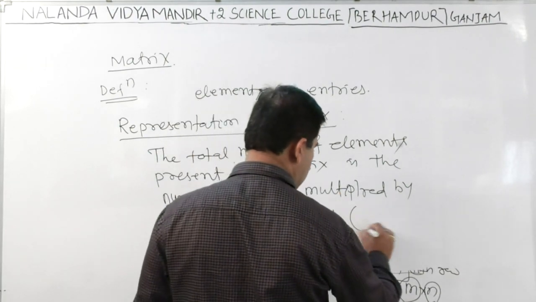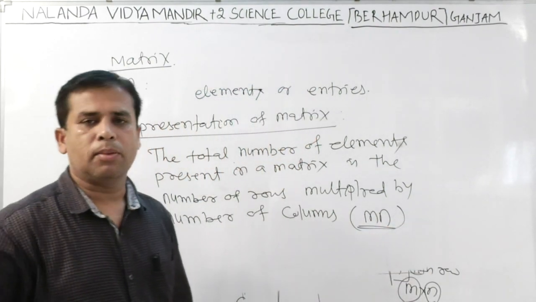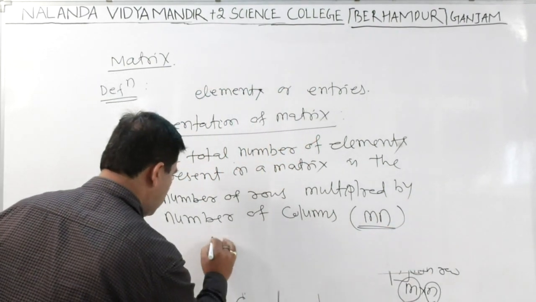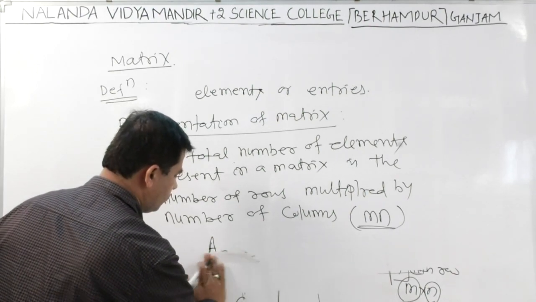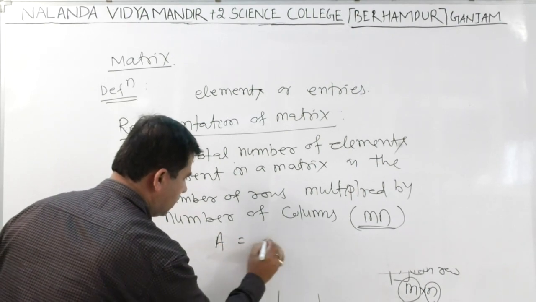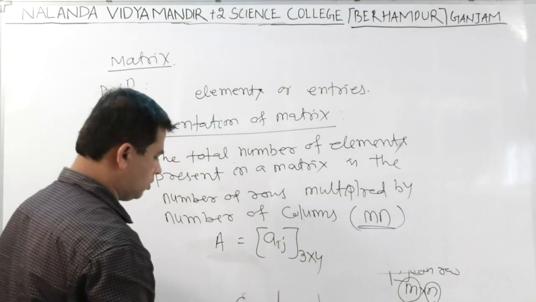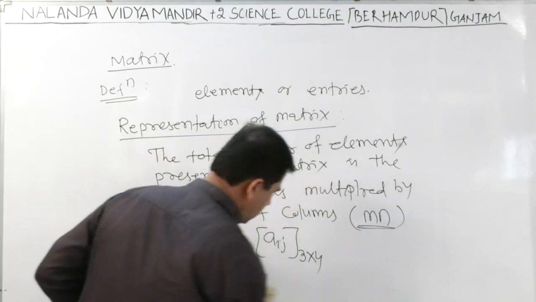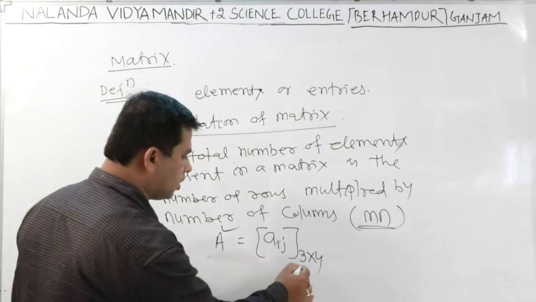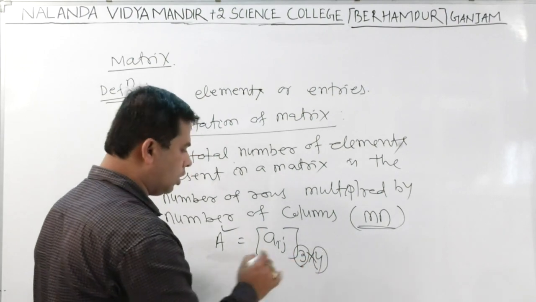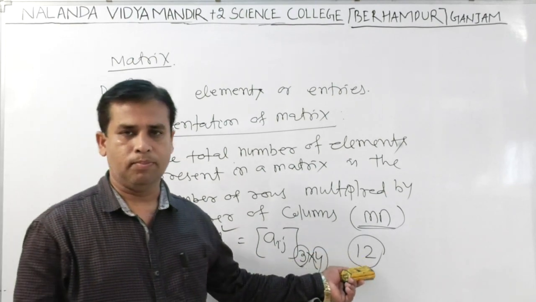That is, in this example, the total number of elements present in this matrix is mn. Let A be a matrix like Aij of order 3 cross 4. Now, how many elements are present in the matrix? The number of rows is 3 and the number of columns is 4, so the total number of elements present in matrix A is 12.